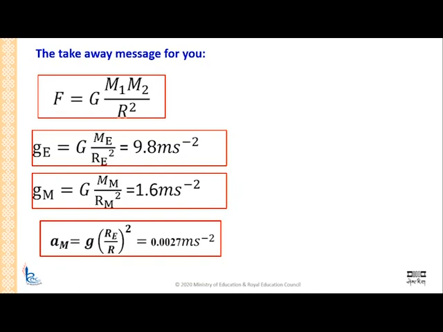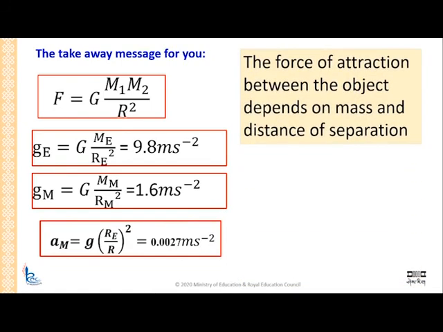And the last one is the acceleration imparted to the moon by the earth, which is given by am is equal to g (Re over r) whole square, which is equal to 0.0027 meter per second square. So here, from the first equation, we come to know that the force of attraction between the objects depends on the mass and the distance of separation.